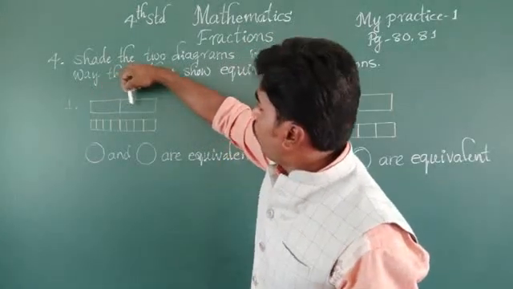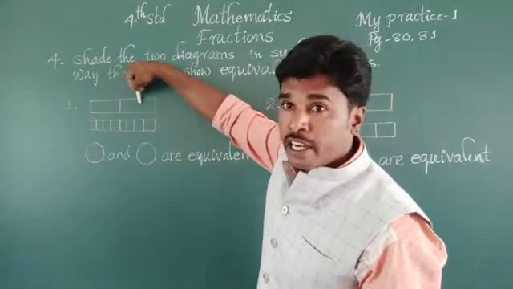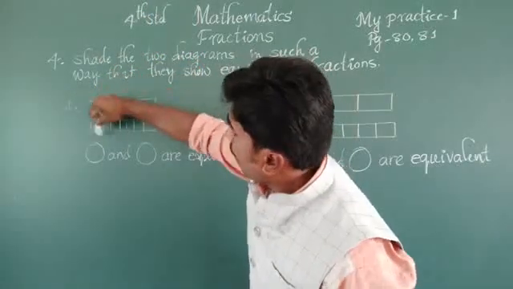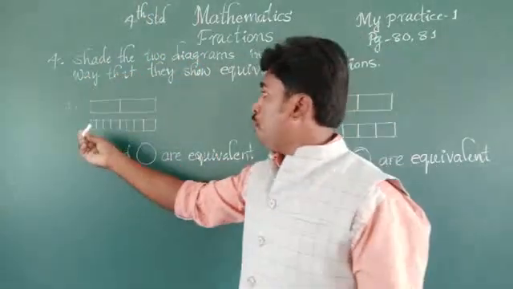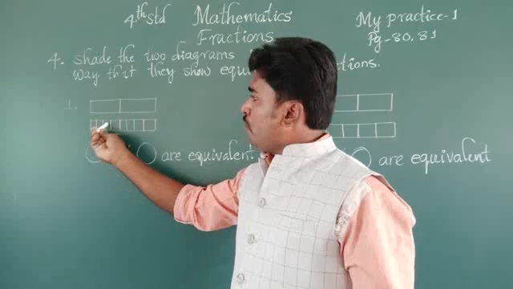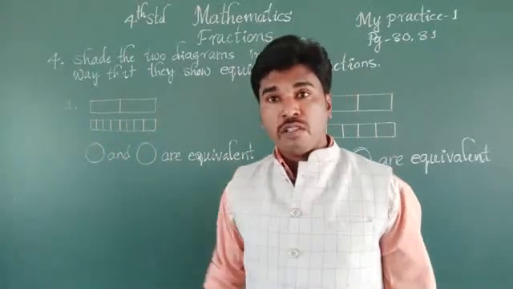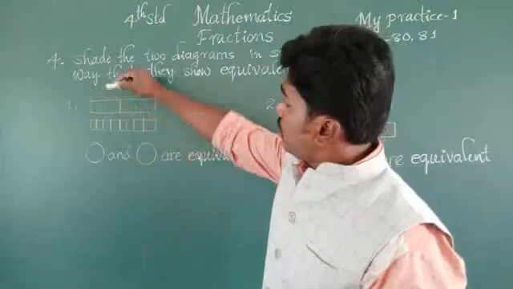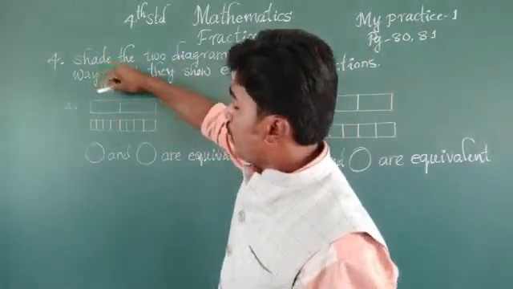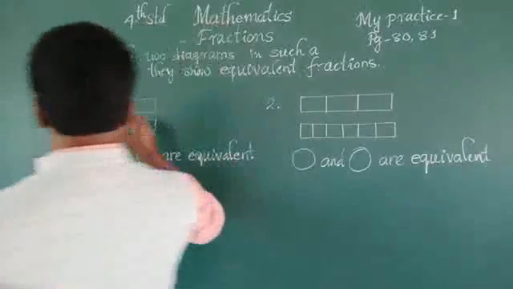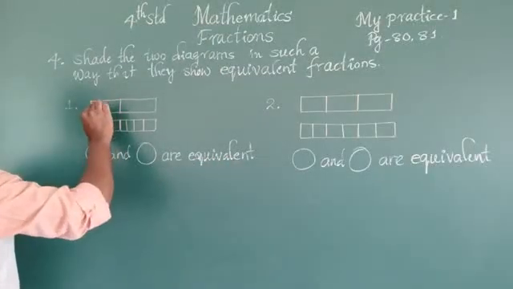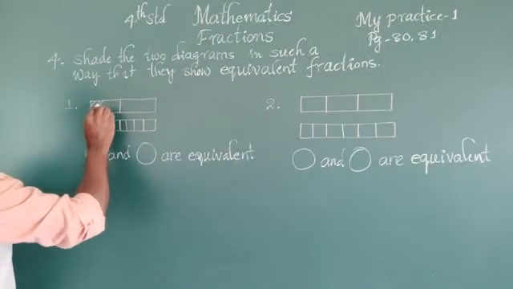It is one half and it is the second half. Here the same rectangular bar is made into 1, 2, 3, 4, 5, 6, 7, 8 boxes. So in the first bar I am going to shade only one box. Observe here, this part I am going to shade.